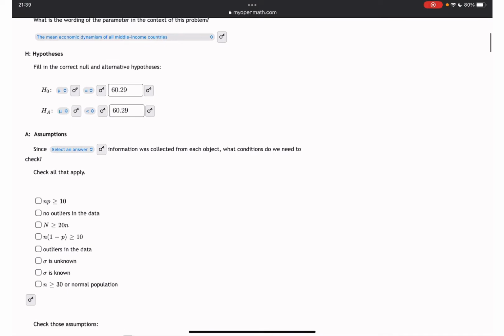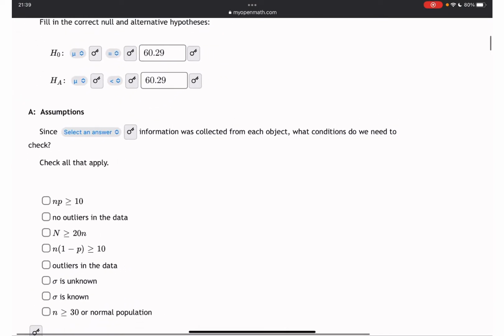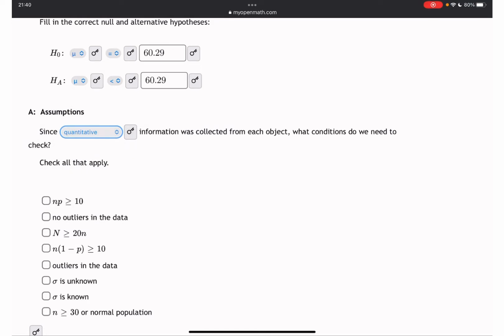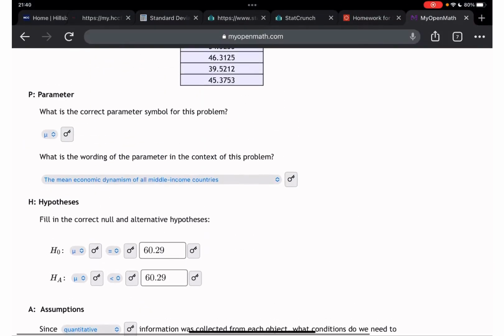Next, some assumptions we are going to pick. What kind of information do we have? The information is going to be quantitative. Why quantitative?